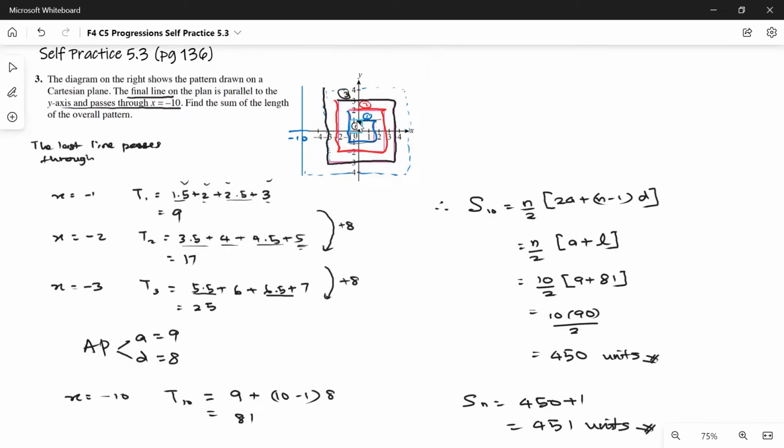So we just take the cycles that end with x equals -1, x equals -2, and x equals -3 until we end at x equals -10. After we got that, adding this 1 unit, you get 451. But based on this picture alone, the actual answer is 450. If there is an error to the question itself, then the answer will be 451. Okay, that's it for this question.